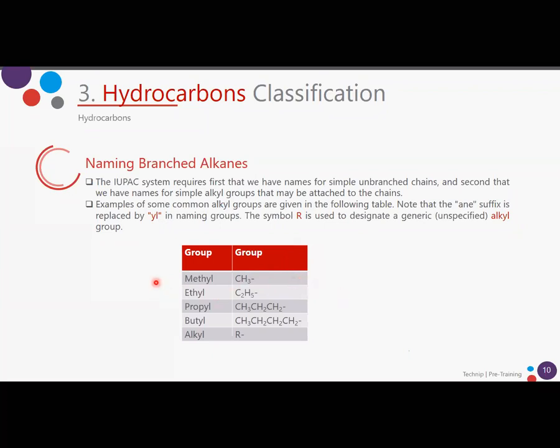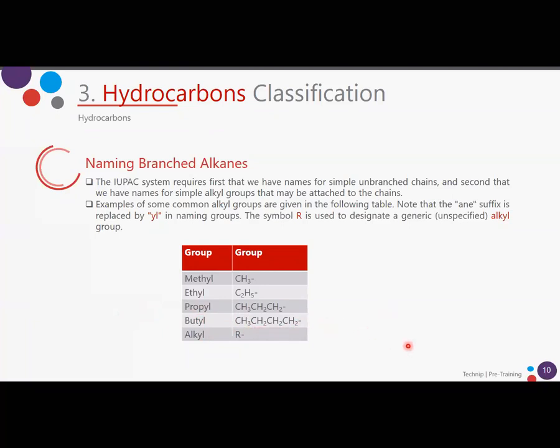From ethane will be ethyl, that is C2H5. From propane will be propyl, that is CH3, CH2, CH2. And from butane will be butyl, CH3, CH2, CH2, CH2.